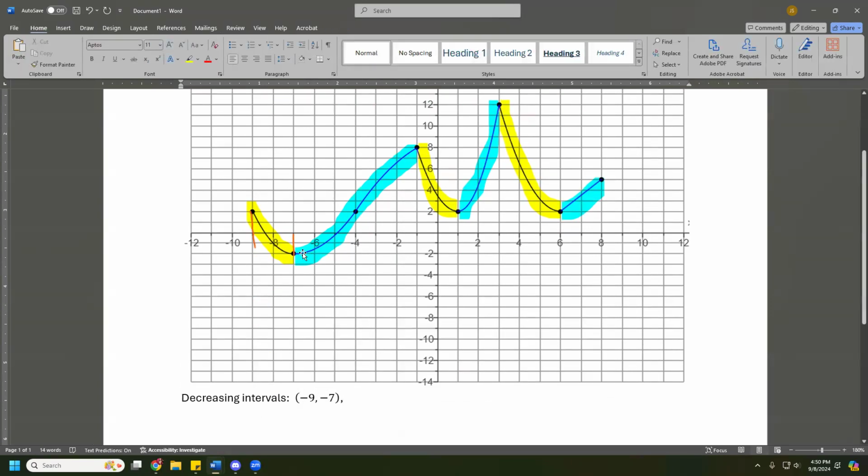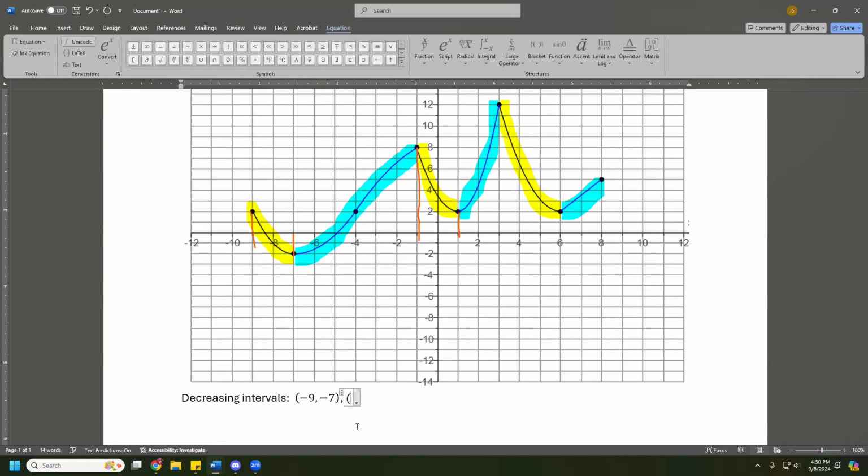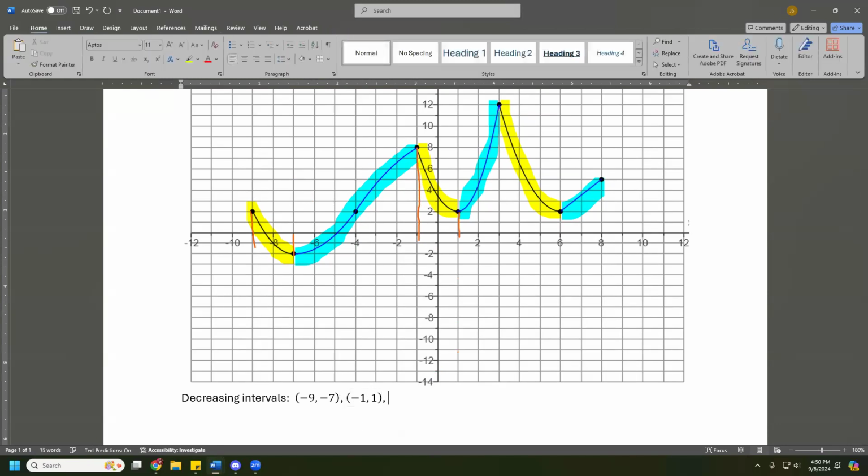All right, I'm going to skip over the blue because blue is increasing. And it looks like the next interval I want is right here. That looks like it starts at -1 and it ends at +1. So next up, I'm going to have -1, +1.